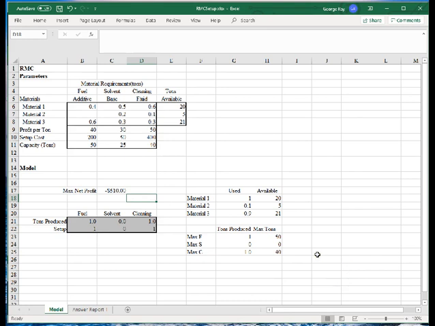So now we've got our model set up, and we can use this binary variable to represent setup cost. So we're looking at the RMC data that's available concerning the setup cost and maximum production quantity for each of the 3 products.